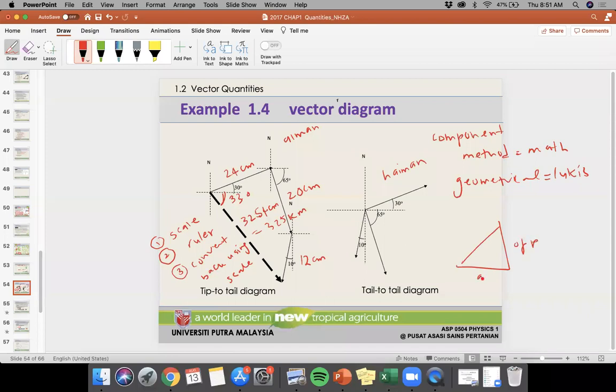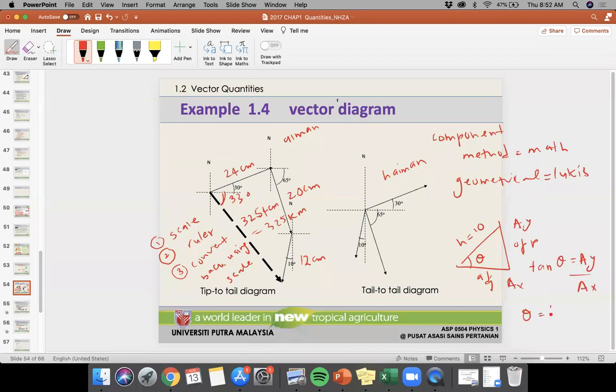Opposite and adjacent, right? Adjacent is AX usually. Opposite side is AY. You have your angle here, and you are finding your angle. You know what your hypotenuse is, let's say it's 10. How do you solve for your angle? Tangent theta is opposite over adjacent.